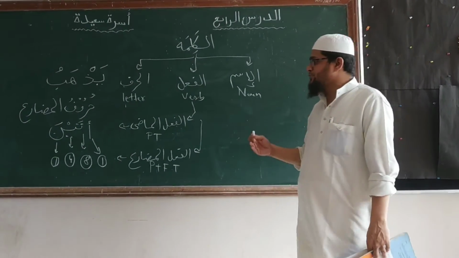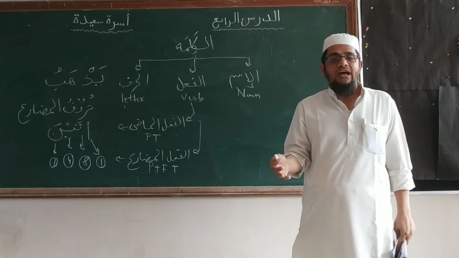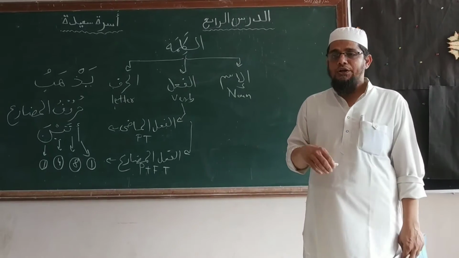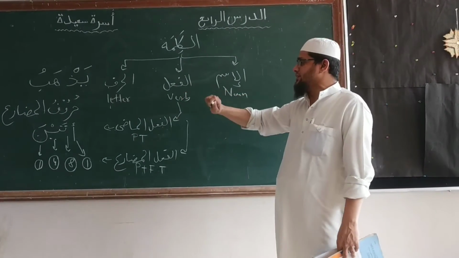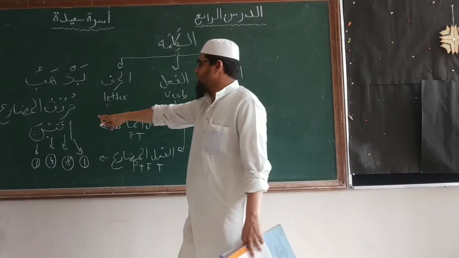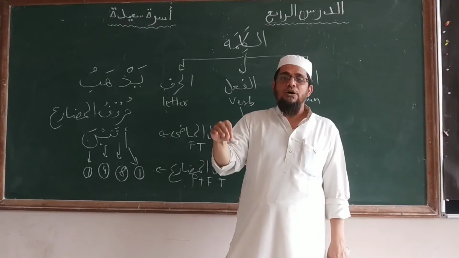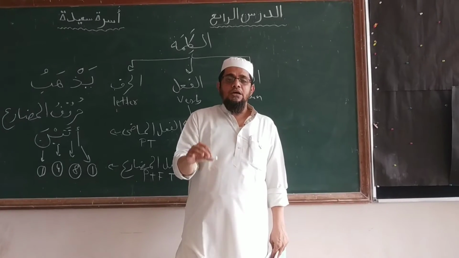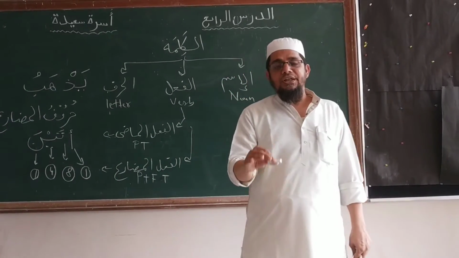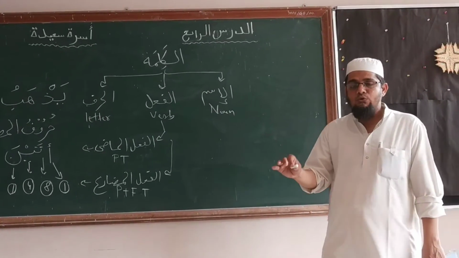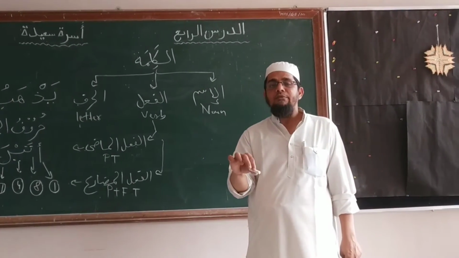Now, I will send you a PDF of the table of fi'l mudhari, all 14 forms. For now, I am just speaking using these letters. First, I am using ya. Yazhabu, yazhabane, yazhabun. These 3 are wahid, musanna, jama, muzakkar, ghaib. Tazhabu, tazhabane, yazhabna.